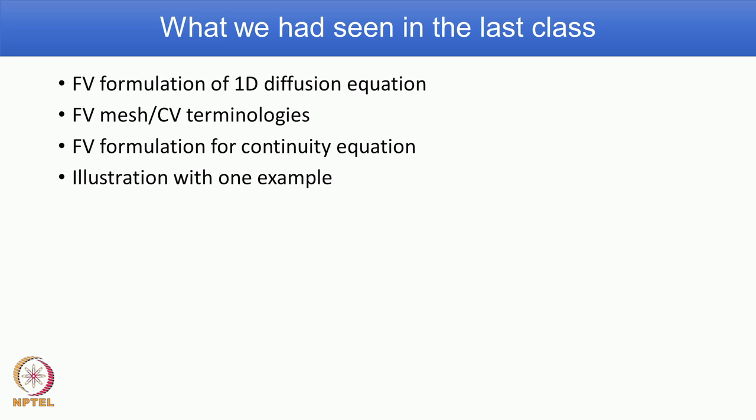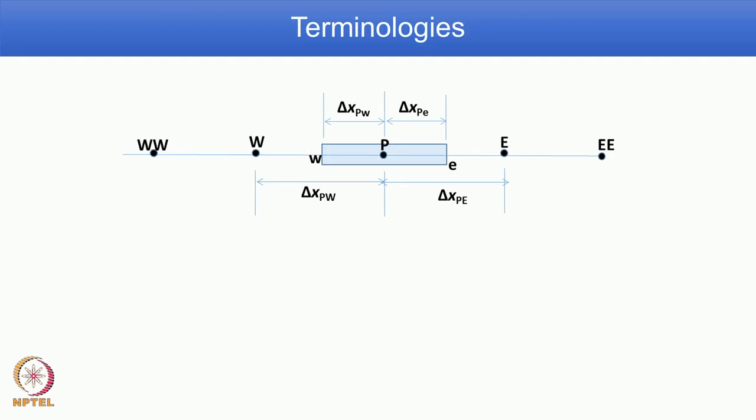We also wrote the equation for finite volume formulation for the continuity equation. To recapitulate what we did, it is important to show and understand again the terminology used. So, here is the mesh arrangement.